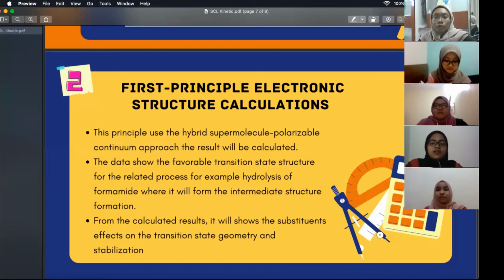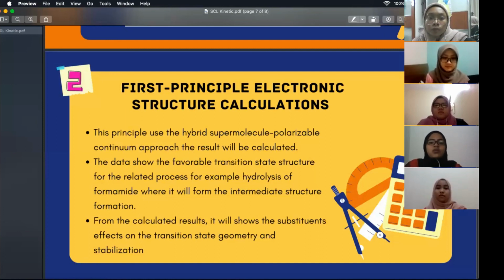So from the data, we can conclude that the larger substituents of the amide will hinder the solvent water molecules approaching the attacking hydroxide oxygen in the transition state. Therefore, it will destabilize the transition state structure and increase the free energy barrier. As a result, DMA has the highest barrier, which is 26.0 kcal per mole.